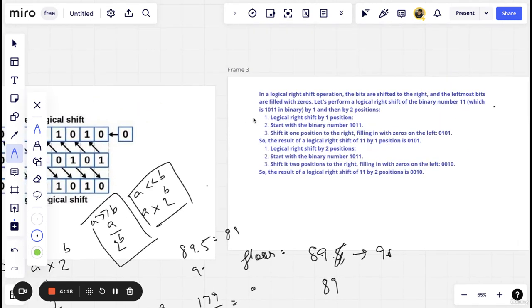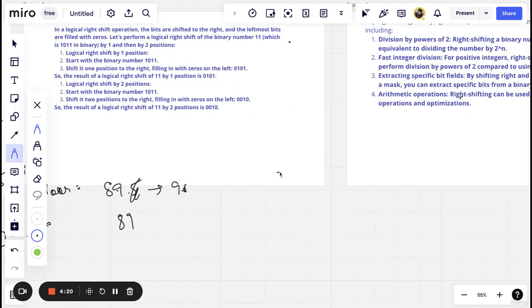So if I give you any number, let's say x, and I do a right shift by b, you can easily tell me what will be the answer. It will be simply x divided by 2 raised to the power of b. So if x is, let's say, 6 and b is 1, the answer will be 3. So if I do 6 right shift by 1, I will get 3.